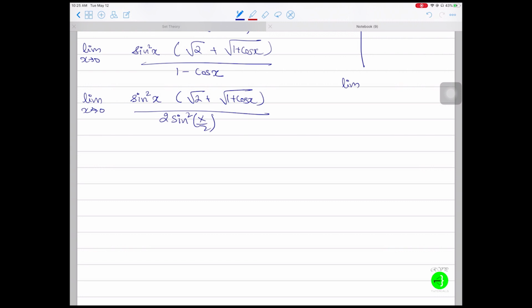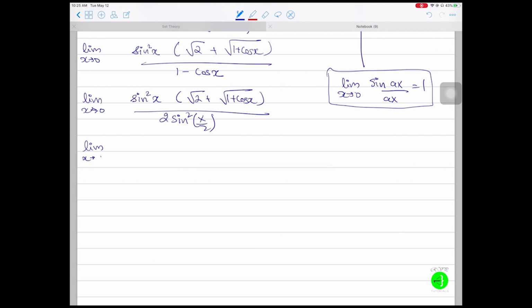We know one thing, that limit x approaching 0 of sine ax over ax equals 1. So we have sine squared x in the numerator and sine squared x by 2 in the denominator. So let's try to multiply and divide by some numbers to get this kind of limit.